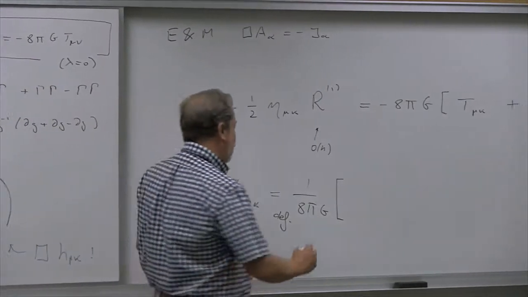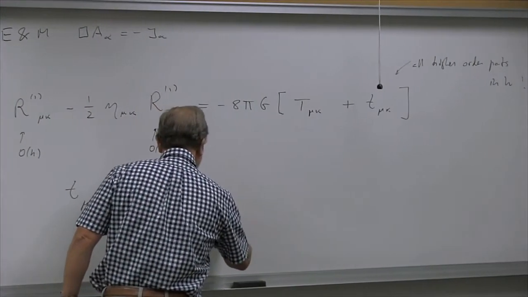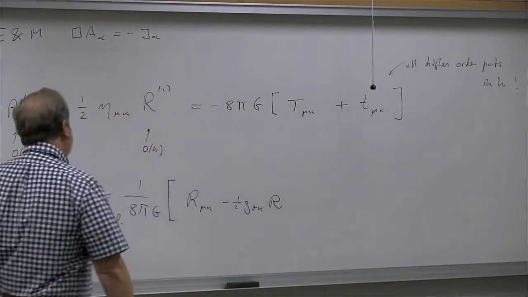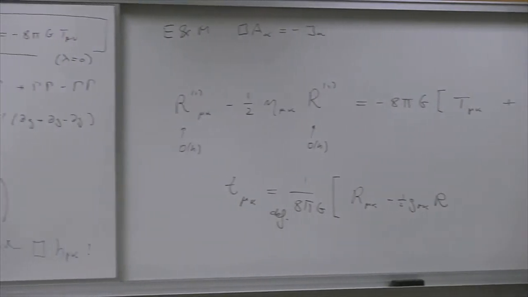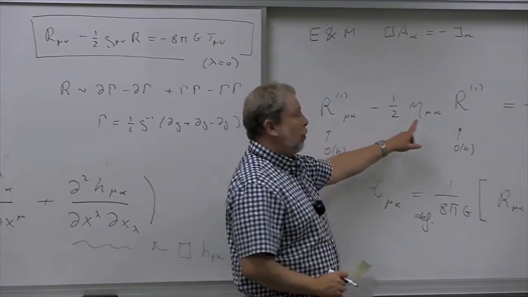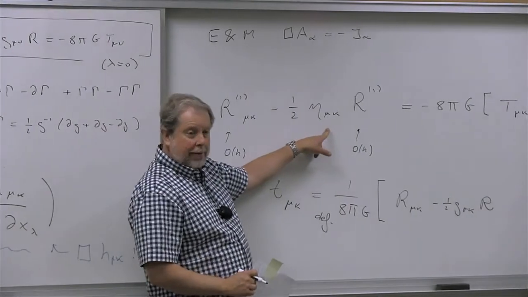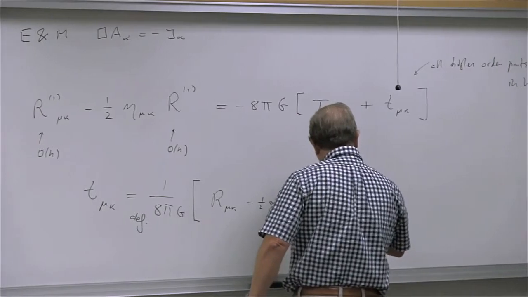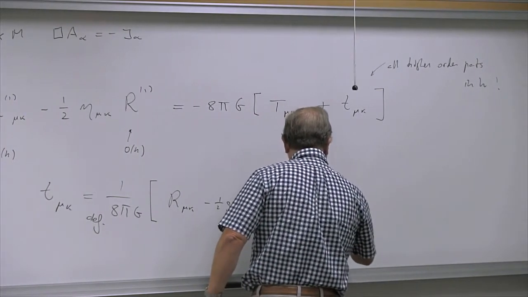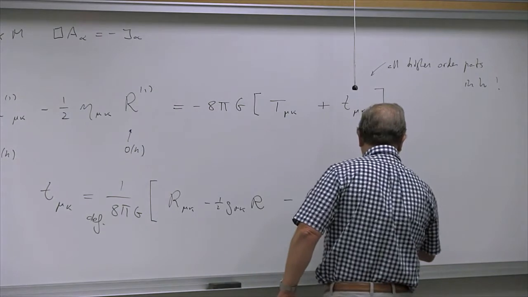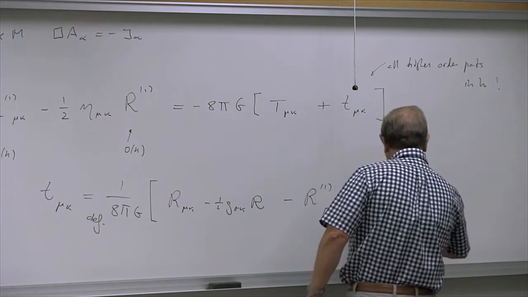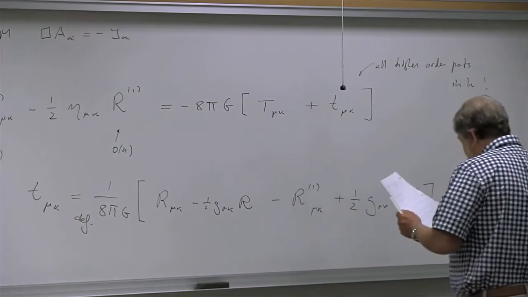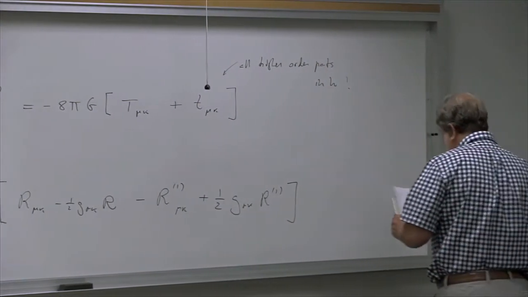So everything else that we left out is the original R mu k minus 1/2 g mu k times R, obviously minus what we included explicitly here on the left-hand side, which is just the linear part, so minus R1 mu k plus 1/2 g mu k times R to first order, and then close parenthesis.